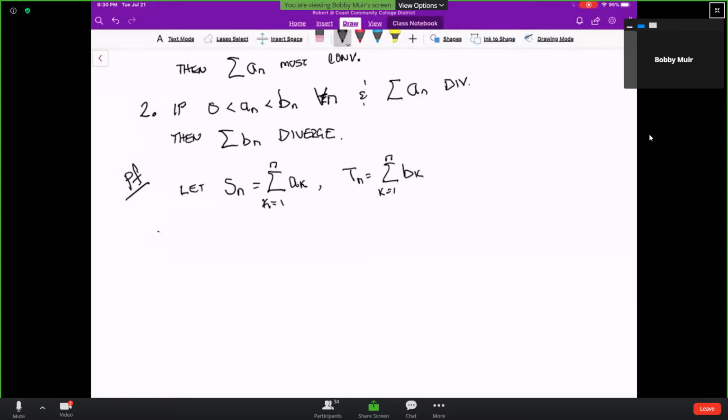Now case number one, let's suppose that this thing converges. So that implies that the limit as n tends to infinity of T sub n, which is the sum k equaling 1 to infinity of b sub k, is equal to some fixed number T.